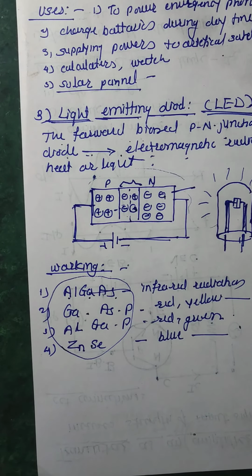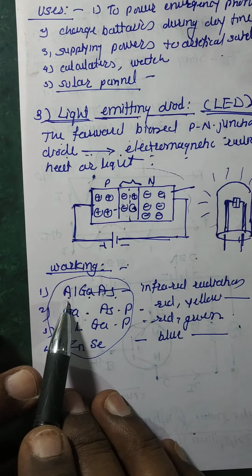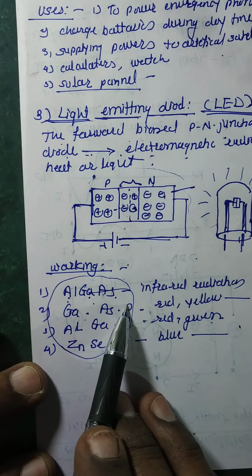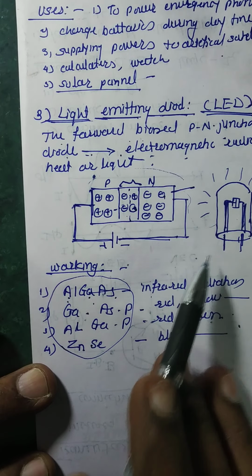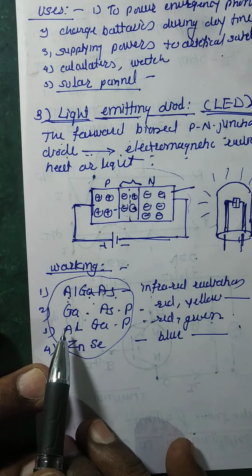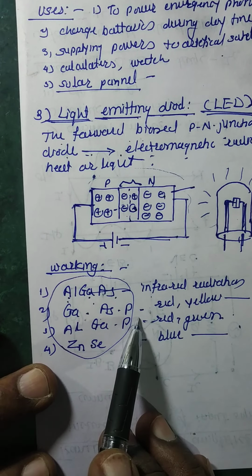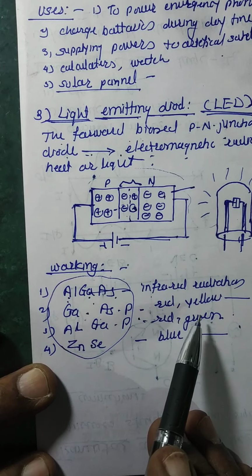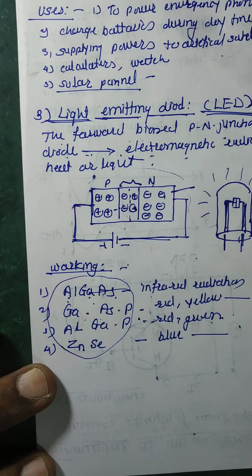When an LED is manufactured using aluminium gallium arsenic, then it emits infrared radiation. When an LED is manufactured using gallium arsenic phosphide, then it emits red and yellow radiations.